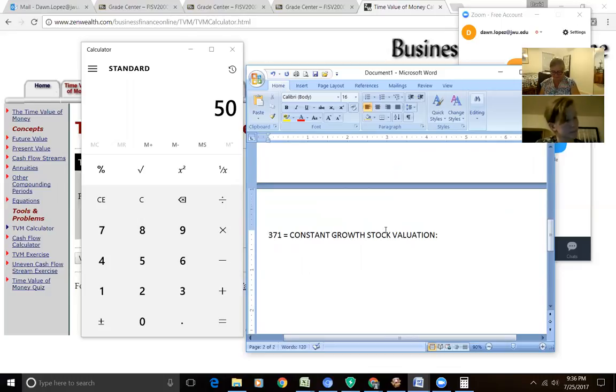So what you have on page 371 is the formula as the textbook has written it, for finding the value for a stock that has a constant growth.